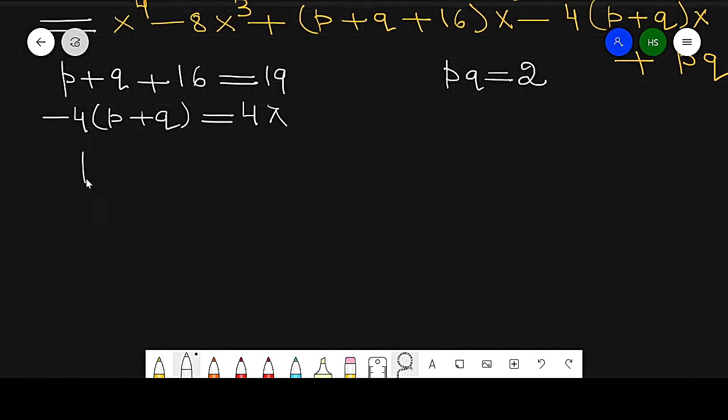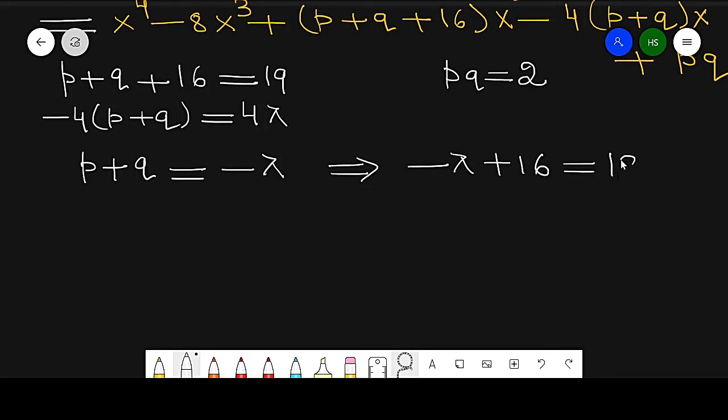Now p plus q is equal to minus lambda. Substitute this value in this equation, so we get minus lambda plus 16 equal to 19. So lambda is equal to minus 3.